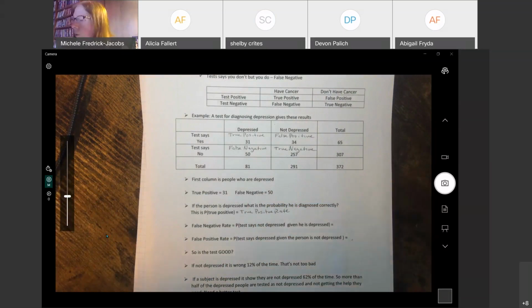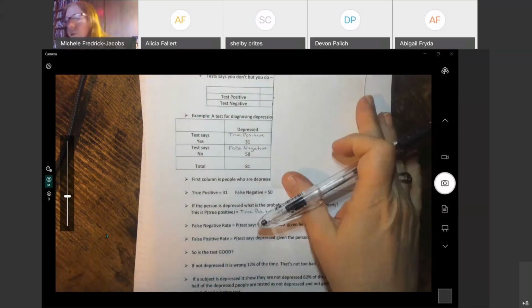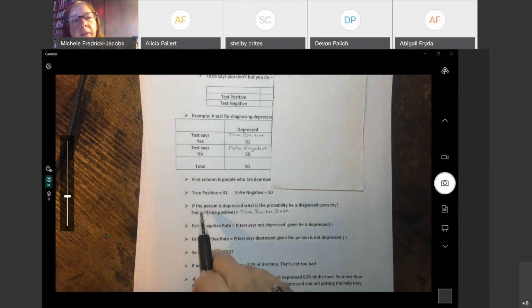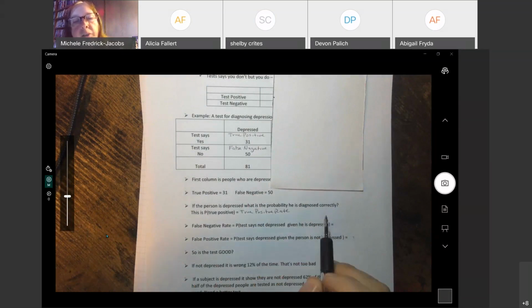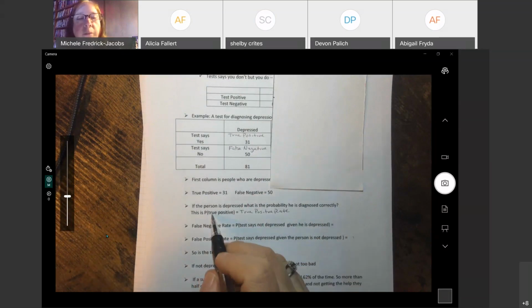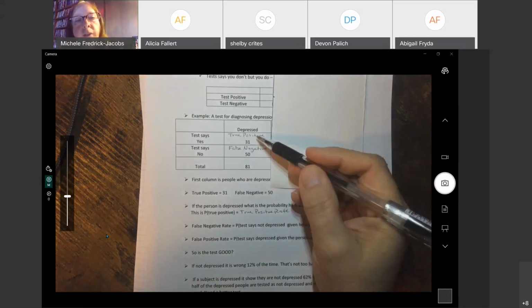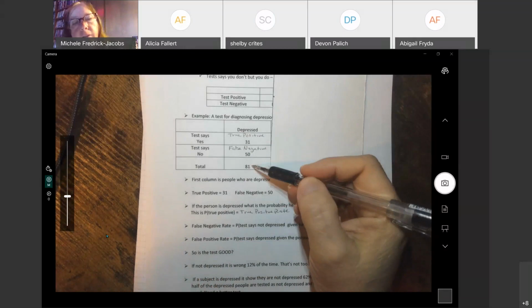And since we know they are depressed, we're only using this column. And it says, if the person is depressed, what's the probability he's diagnosed correctly? And that would be a true positive rate. So he is depressed. It's 31 out of 81.